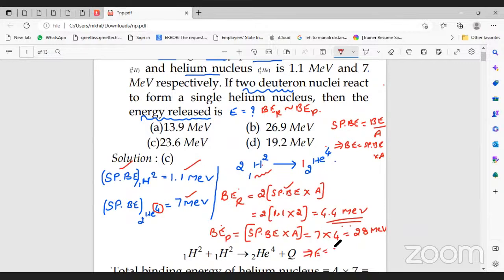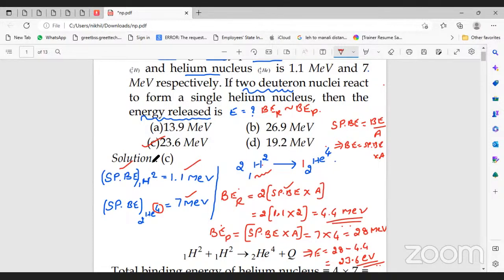Binding energy of the product, that is 28, minus binding energy of the reactant, that is 4.4, is equal to 23.6 mega electron volt. So which is the right option? Option C is the right answer. So 23.6 mega electron volt is the energy released in the given nuclear reaction.